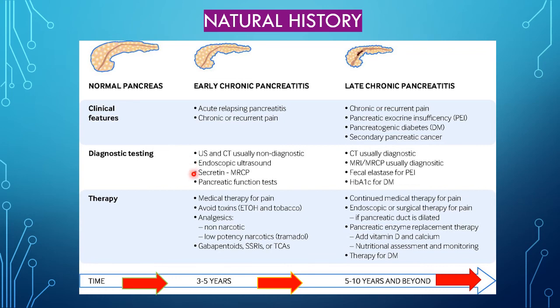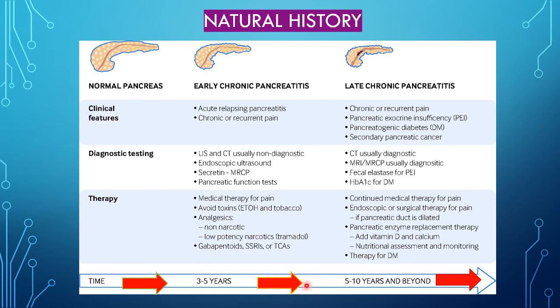Sometimes you do a secretin stimulation test and other pancreatic function tests. Treatment consists of medical therapy for pain, avoiding toxins, especially alcohol and smoking, and analgesics, non-narcotics or low potential narcotics such as tramadol. Nowadays, gabapentin is also being used for these patients.